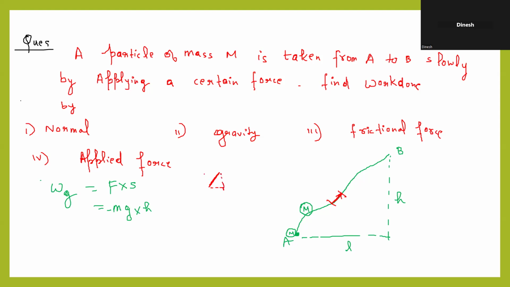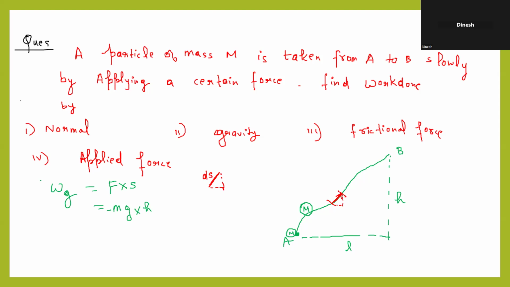Total displacement is s. I just take a small element because work done by friction is variable here. It is not constant, a rough surface.